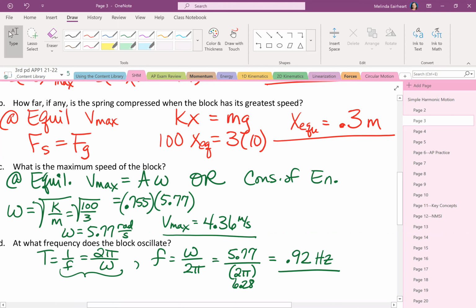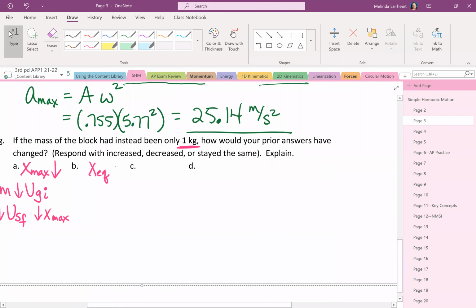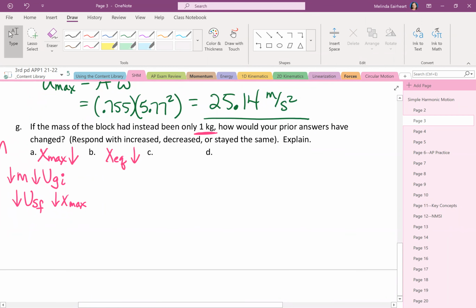Or compress, sorry. More or less or same? Less. So my quick explanation, a smaller mass means I have less weight, which means I have less spring force. And so it'll compress less.